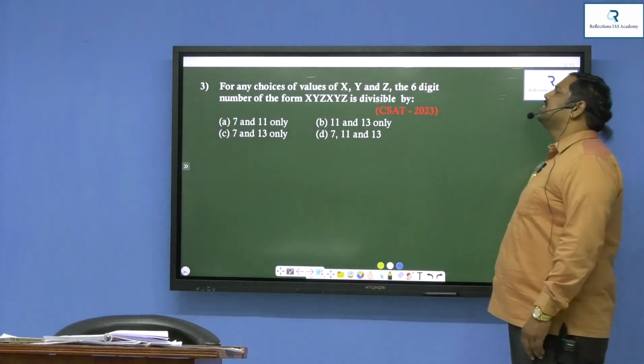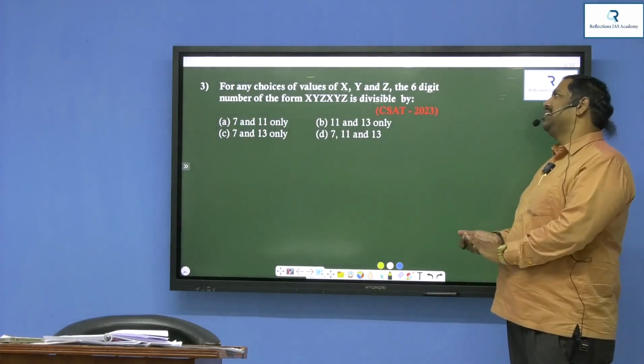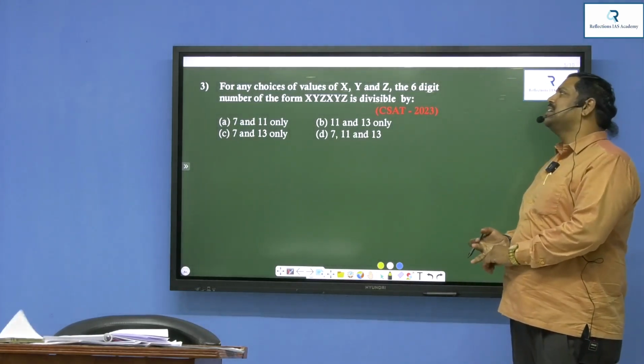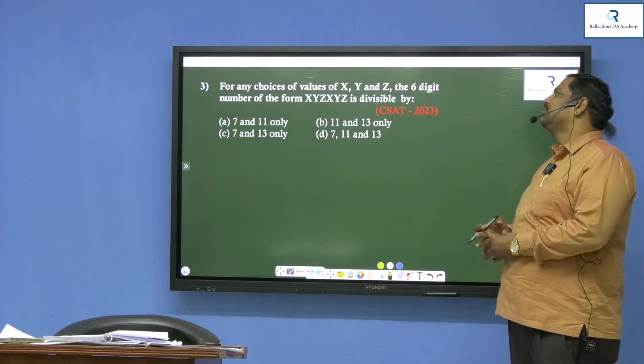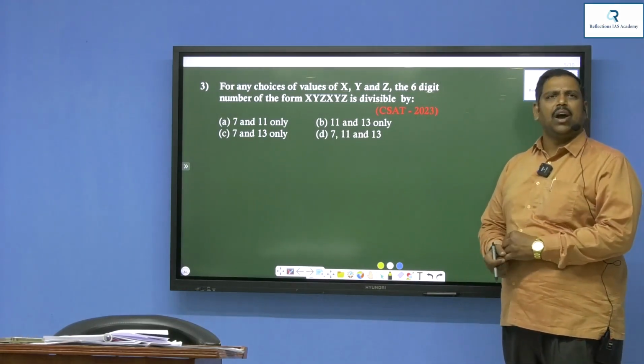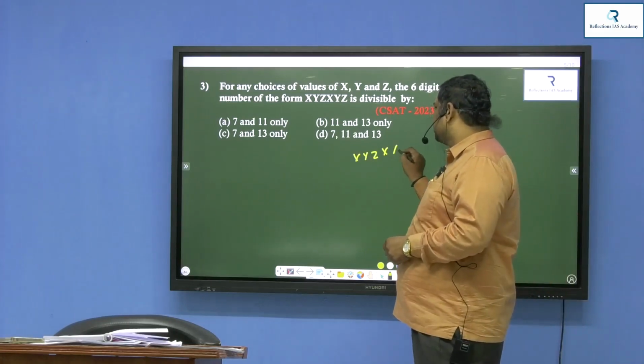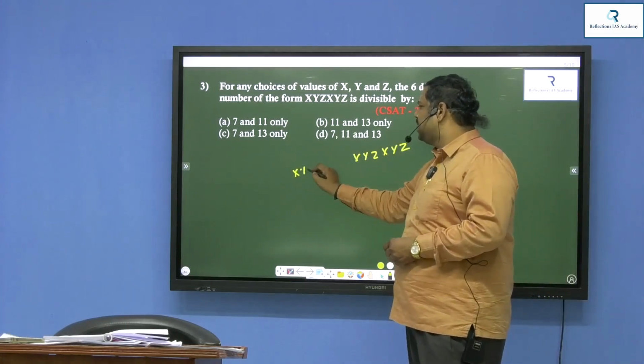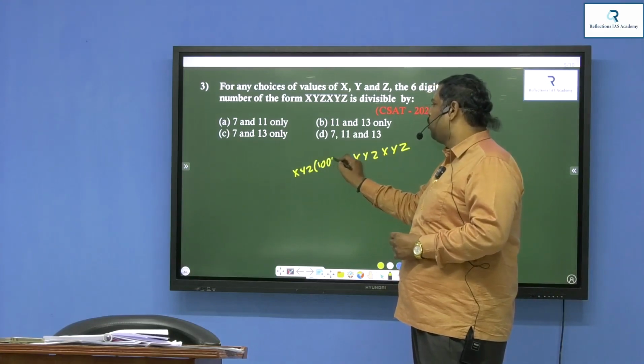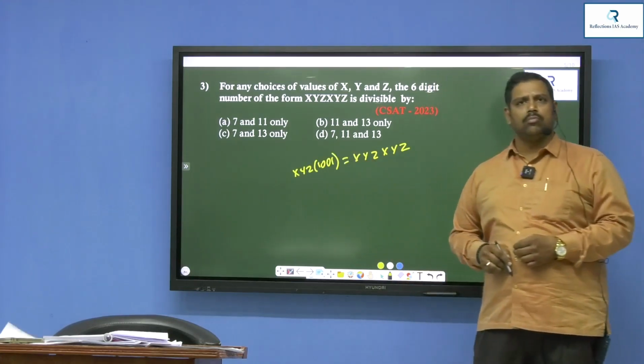For any choice of values x, y, z, the 6-digit number of the form xyzxyz is divisible by which of the following? Already I said that you are getting xyz into 1001. Yes or no? Already I have explained.